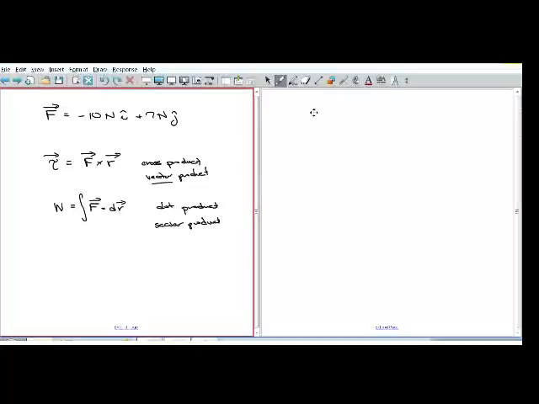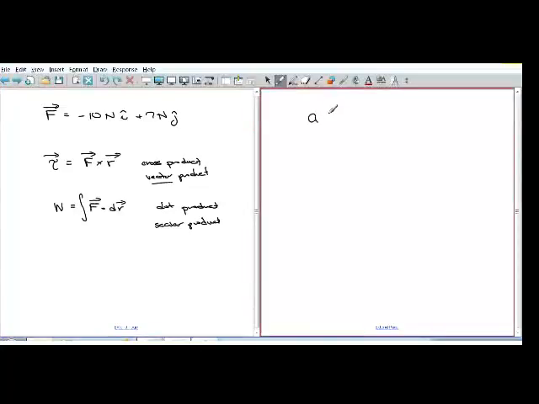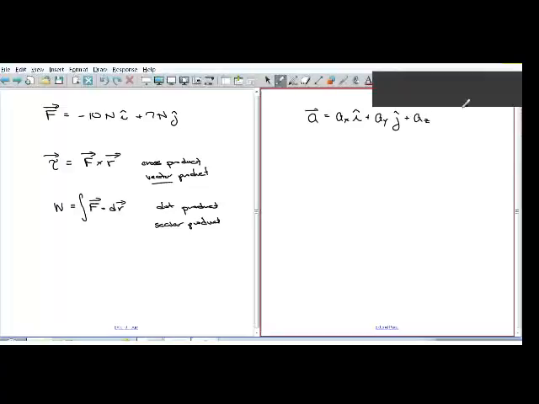Okay, so how do we do this? Well, let's say we have two vectors. Vector A is made up of A sub x times the unit vector i in the x direction, A sub y times j hat, the unit vector in the y direction, and A sub z times k, the unit vector in the z direction.